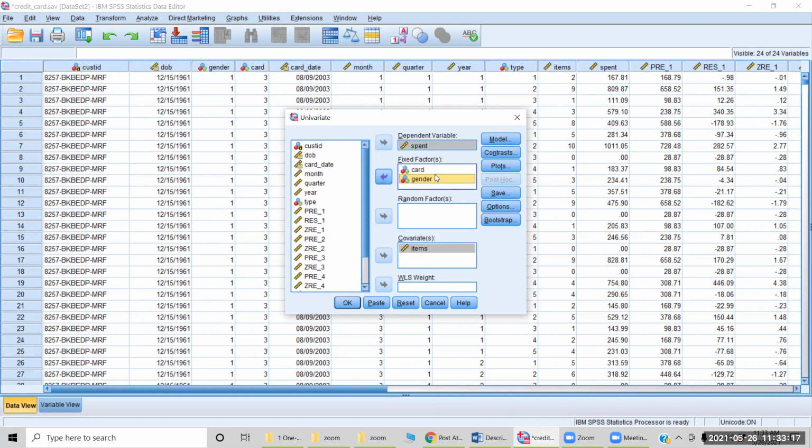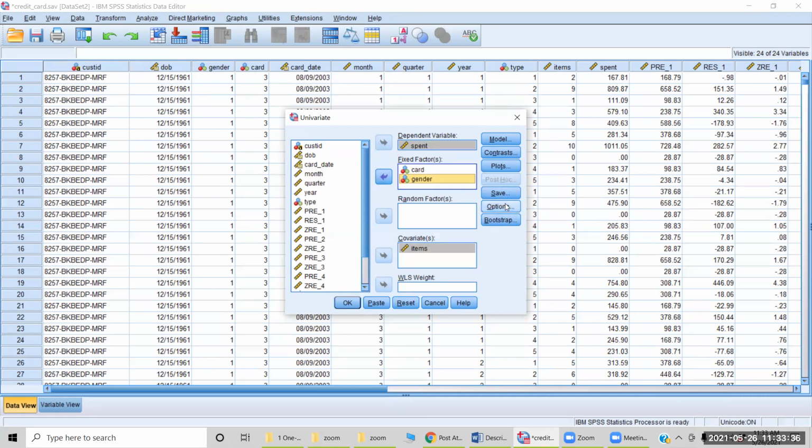Basically, we want to see whether gender moderates the relationship between card and spending, and between items and spending, or not.